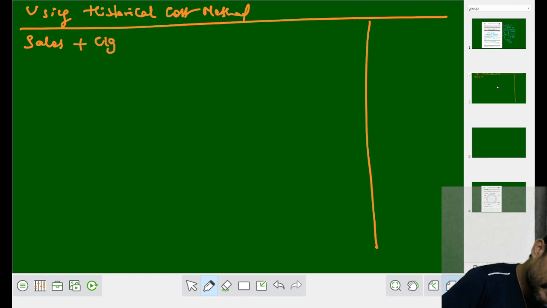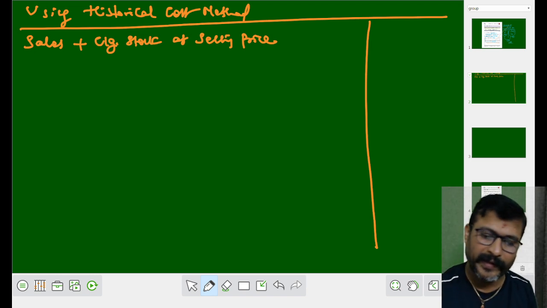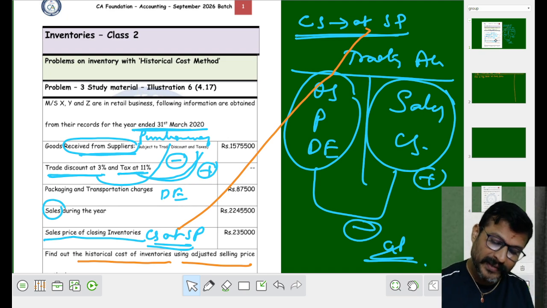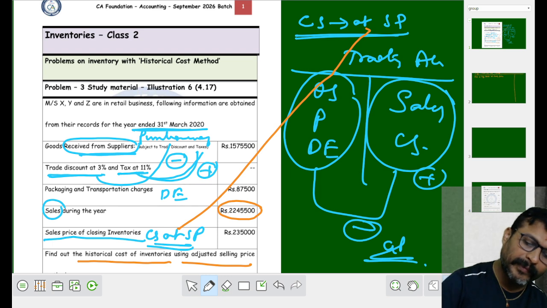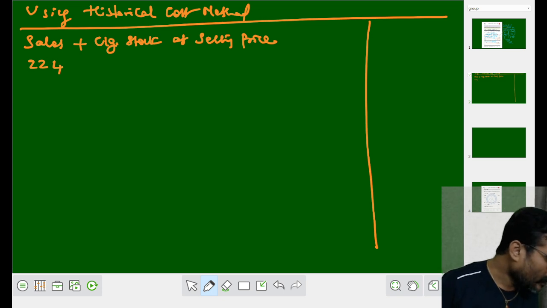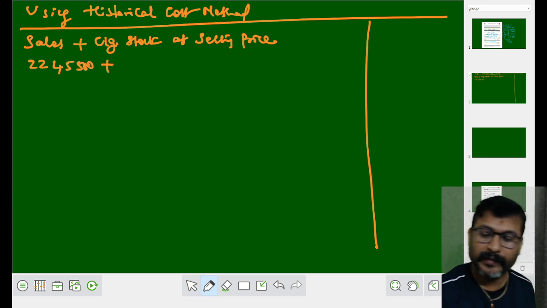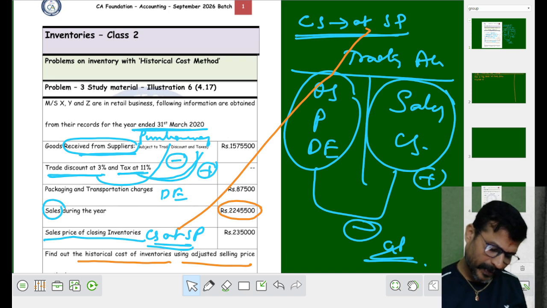According to this method, we know very well we have to take sales plus closing stock at selling price. Closing stock is nothing but closing inventory, right? What is the amount of sales? 22,45,500, a very big number. 22,45,500 plus, apart from that, we have a closing stock.